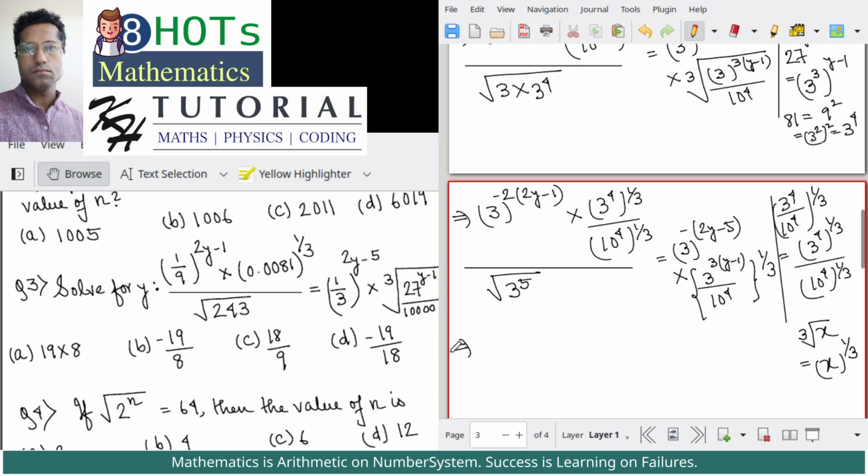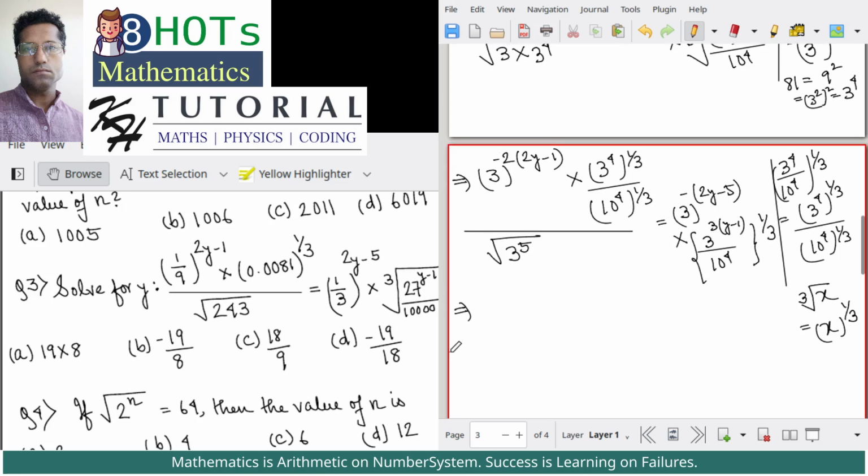The idea is that I will transform the entire LHS and RHS so that they have terms which are powers of 3 and powers of 10. So now this is 3 raised to the power minus 2 multiplied by 2y minus 1 multiplied by 3 to the power 4 whole raised to the power 1 by 3 means 3 to the power 4 by 3.